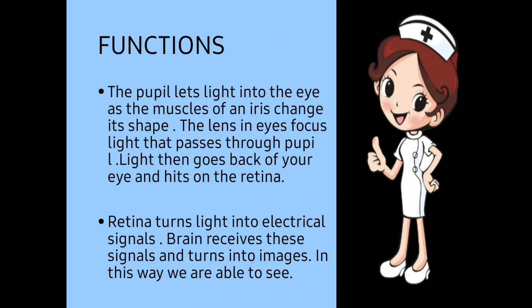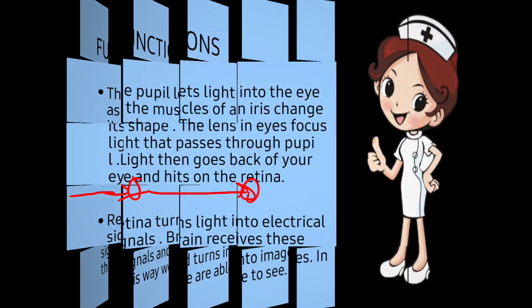First, the light enters through the pupil, then moves to the lens, then passes through the different liquids of the eye, the aqueous humor as well as the vitreous humor. Then it strikes the retina. After striking the retina, that light gets turned into electrical signals. The brain receives those electrical signals and converts them into images. In this way we are able to see.